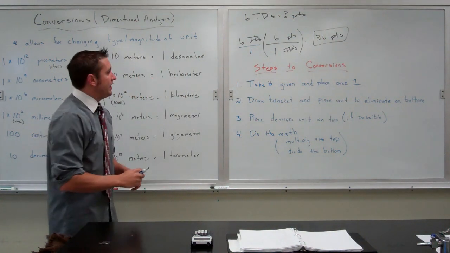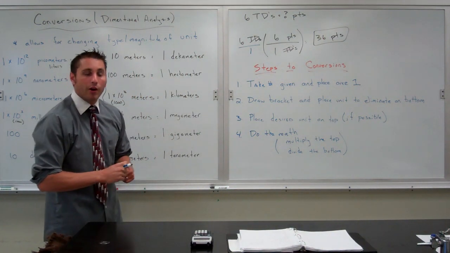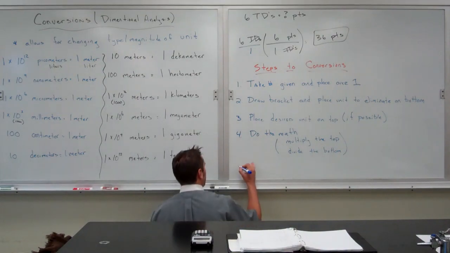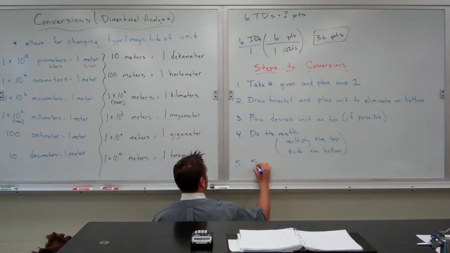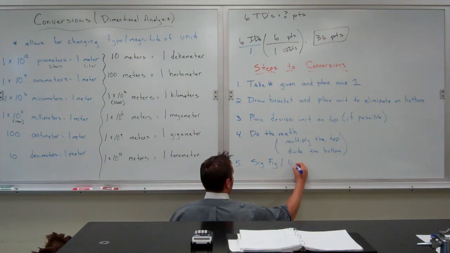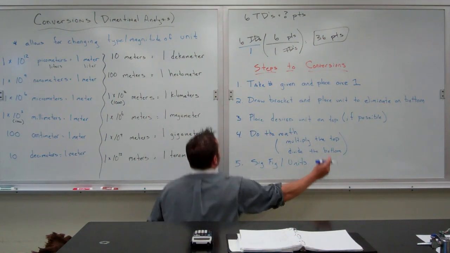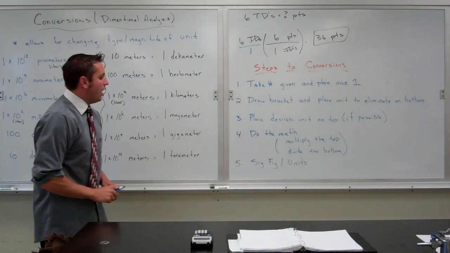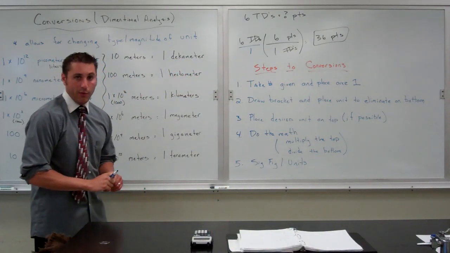And then last but not least, we always pay attention to our sig figs in our units. We make sure we have the appropriate number of sig figs in units as we go through.